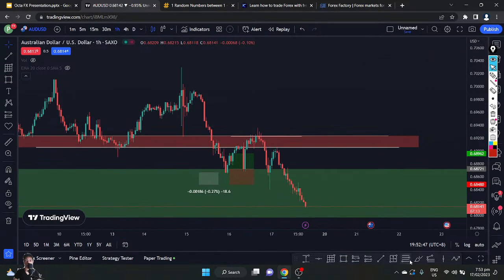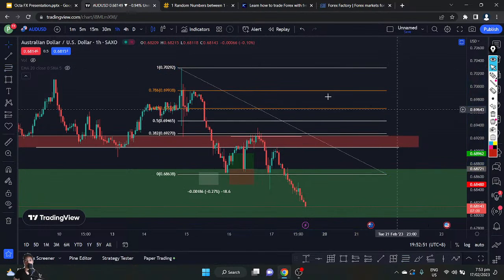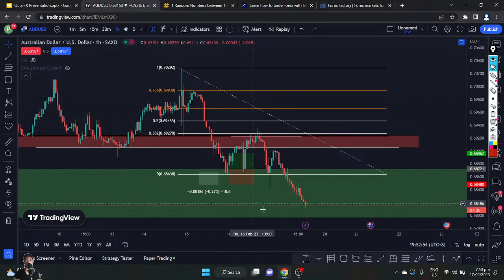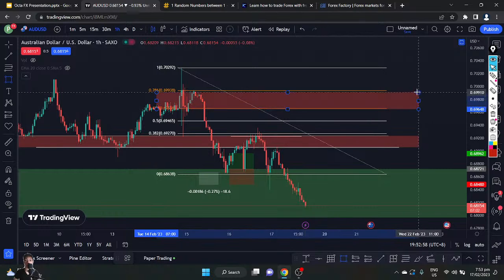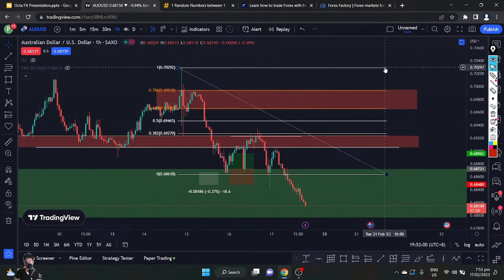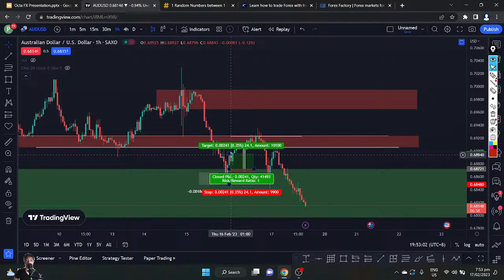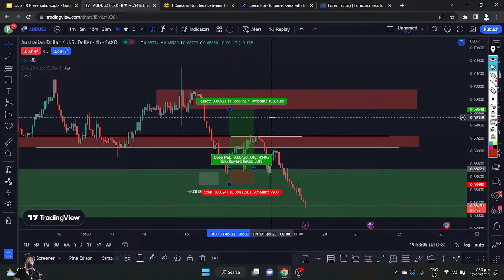While other traders are using their Fibonacci retracement, looking for the 61.8 and the 78.6 Fibonacci level, the most aggressive traders are looking for this resistance to put their target like that.